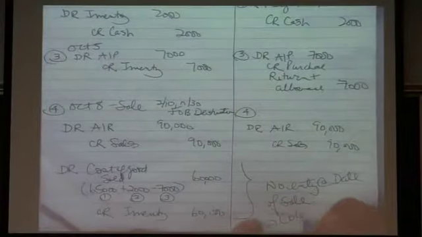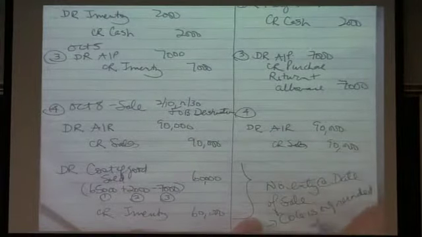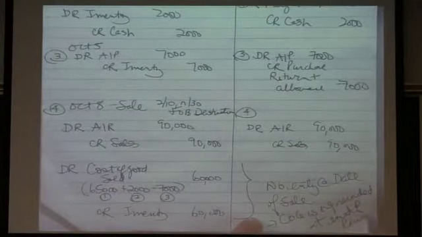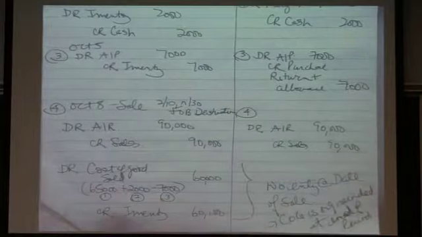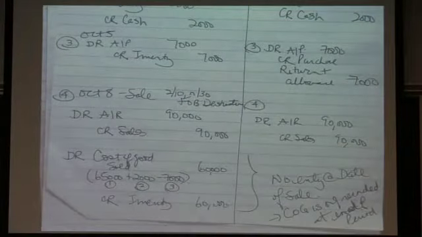Cost of goods sold is only recorded at end of period. Whereas for number 4, under the perpetual inventory system, we have to keep track of the per unit cost of these goods, and then we record the cost of goods sold when sold.